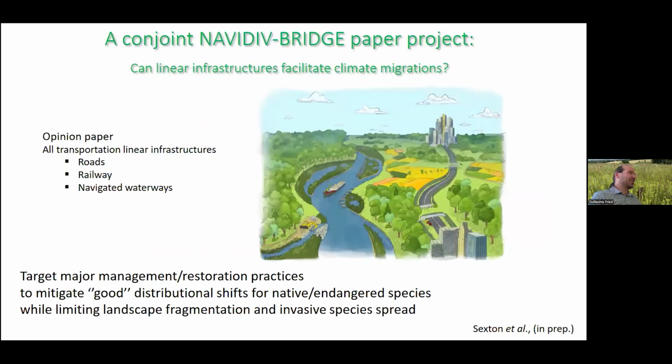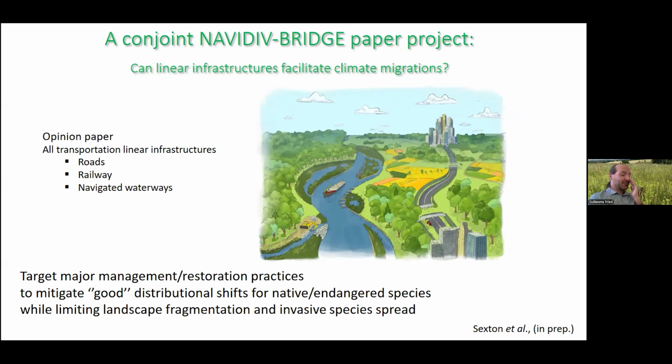During the BRIDGE project, we also developed a common project with Navidiv, which was another CESAB group, about the impact of navigation and navigated waterways on biodiversity. And so we worked together on an opinion paper about the impact of all transportation linear infrastructure, including roads, railways, and navigated waterways.